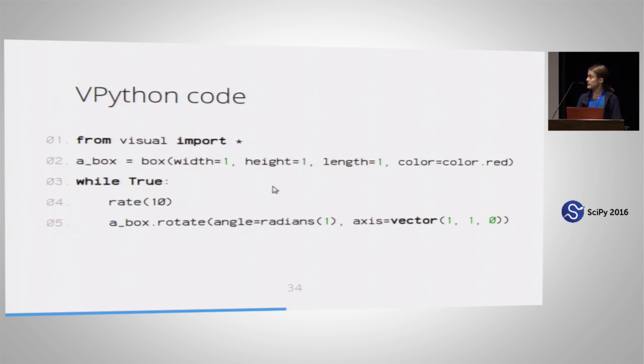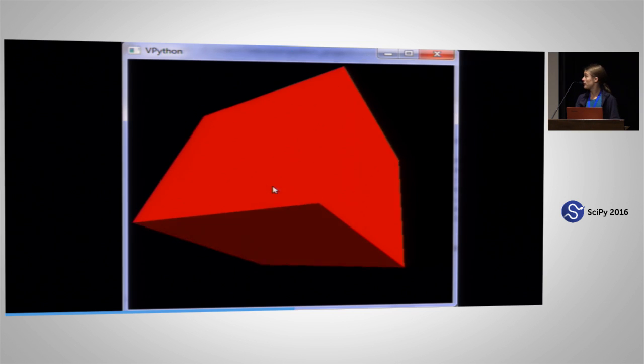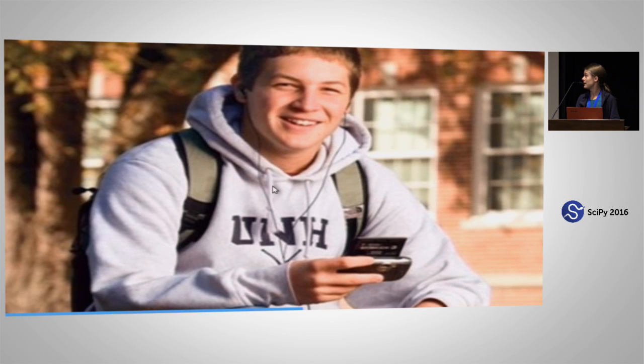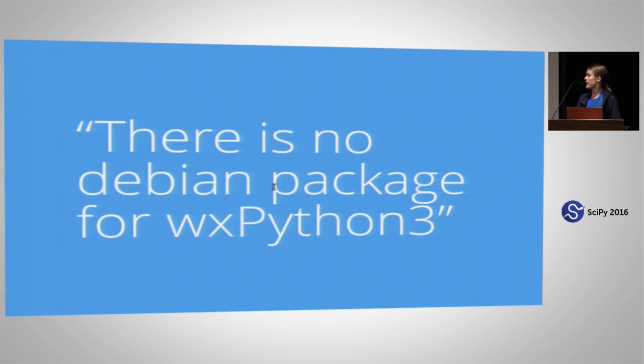And he thinks everything's good, and it renders correctly on his Windows laptop. So yeah, he's happy. Then he gets an email from his prof, which says, there is no Debian package for wxPython 3. Could you please come to my office and show me your assignment on your computer?